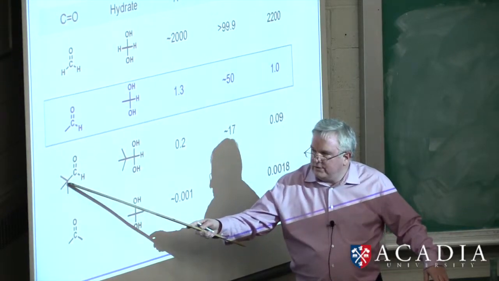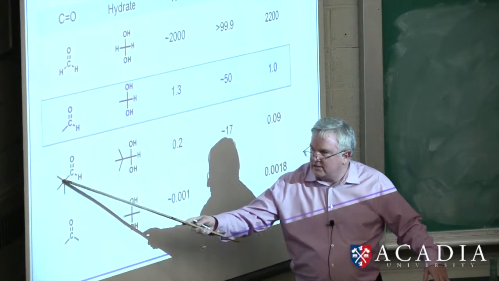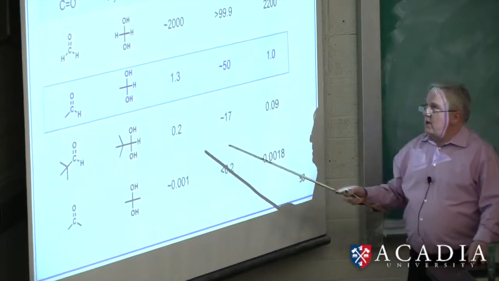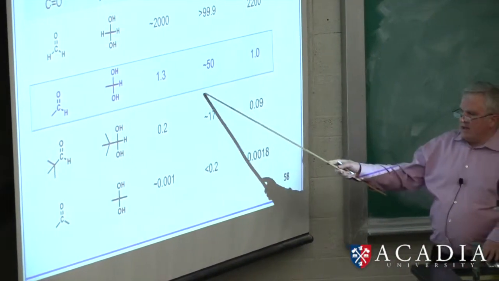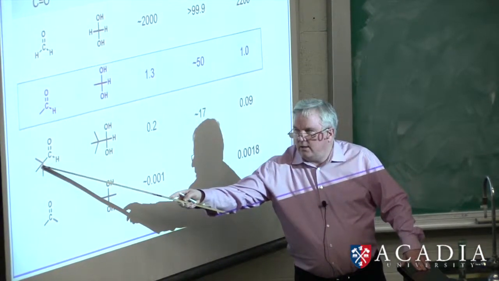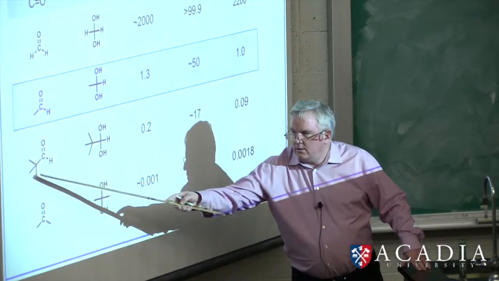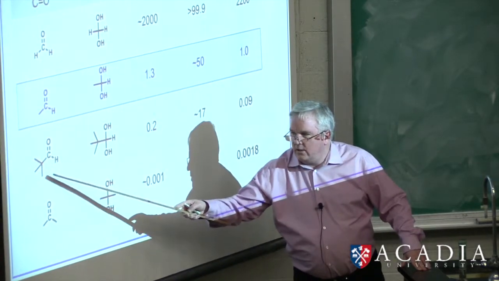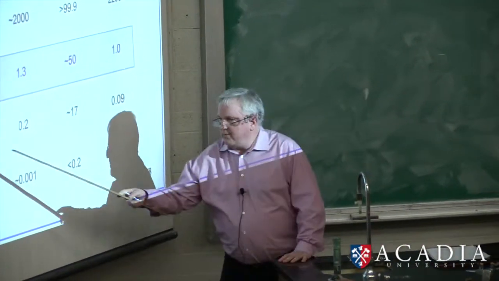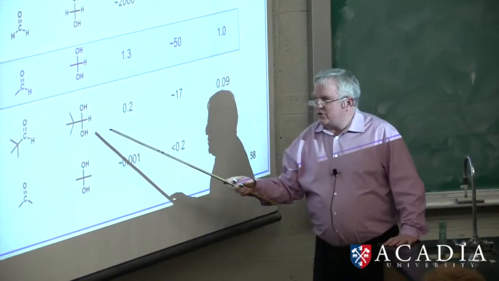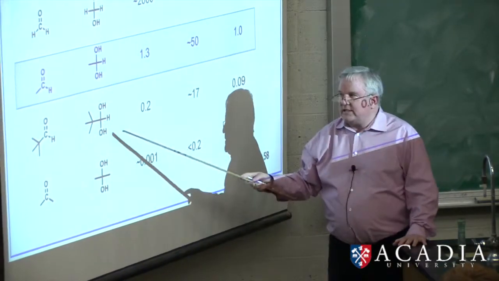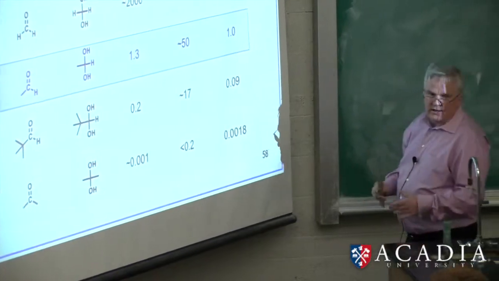And notice now when we start bulking up this group, even though this is more electron donating, it's getting quite bulky, and it exists much less so in the hydrated form for this thing, which is 2,2-dimethylpropanal. So 2,2-dimethylpropanal exists primarily as the carbonyl compound, but there is a significant portion of the hydrated compound.